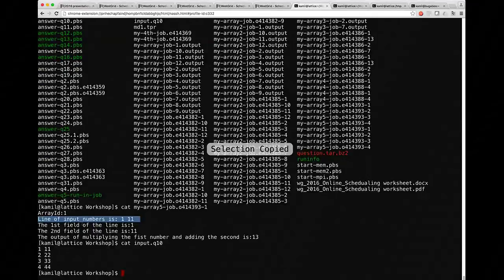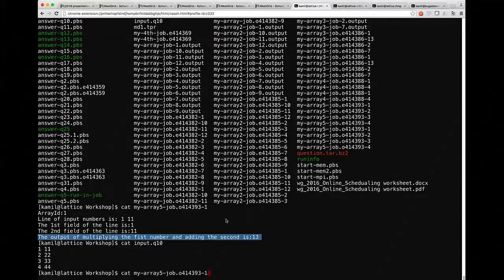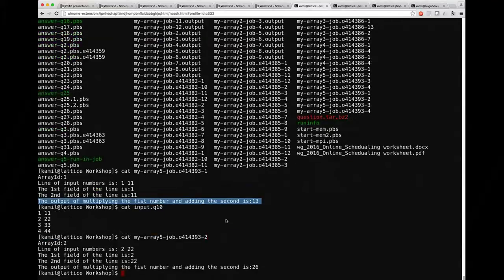Its line of input is 1 and 11, so it grabs the correct line, correct field, does a little bit of math. The second array ID does the same thing on the second line, and so on. So this is an example of how you would make a task inside an array do different things.